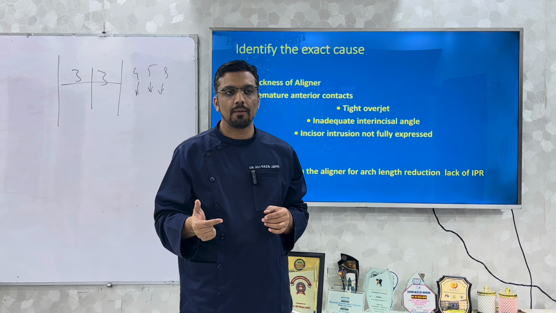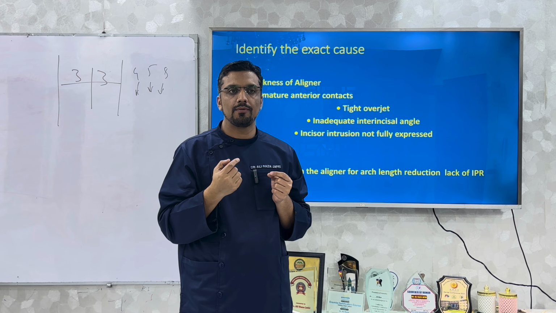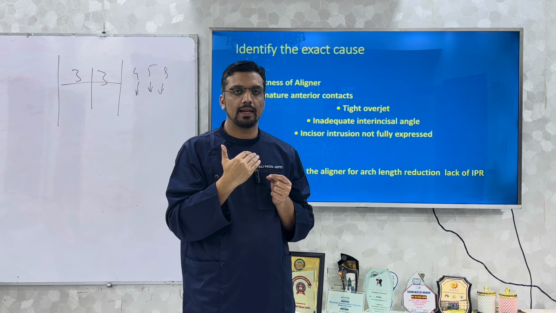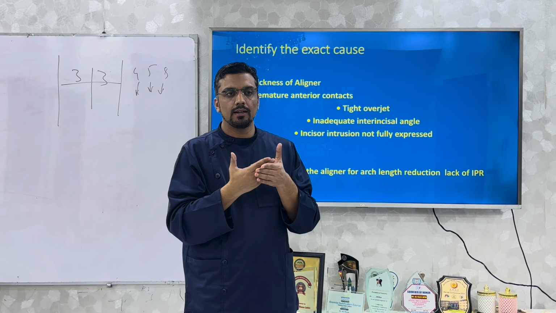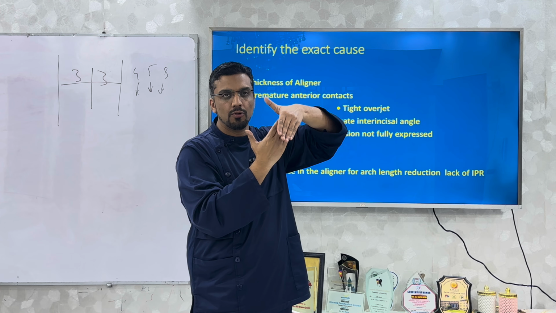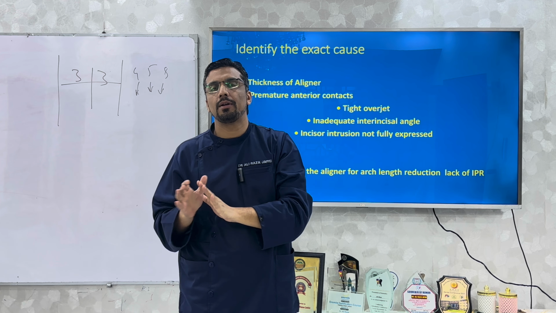This very commonly happens when we have attachments on the lower incisors and we are trying to intrude the lower incisors to correct the curve of Spee, and if it is not following, then the upper teeth start hitting the lower incisors, and this develops into a mild posterior open bite.